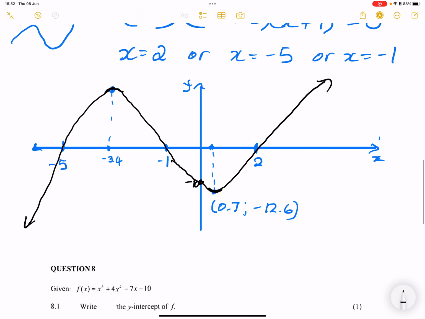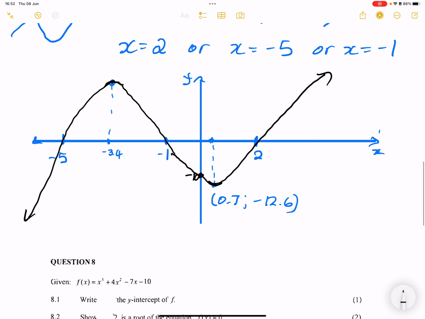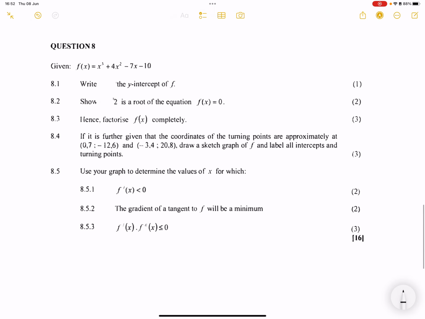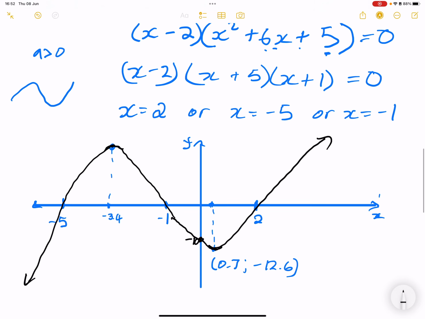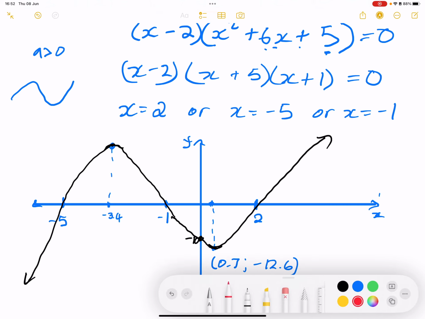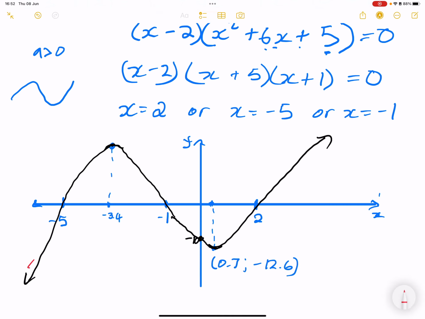Now remember, ladies and gents, when we are talking about the derivative, we are talking in this case about the gradient of the graph. So where is our gradient less than 0? You can see the gradient of the graph is increasing over here.